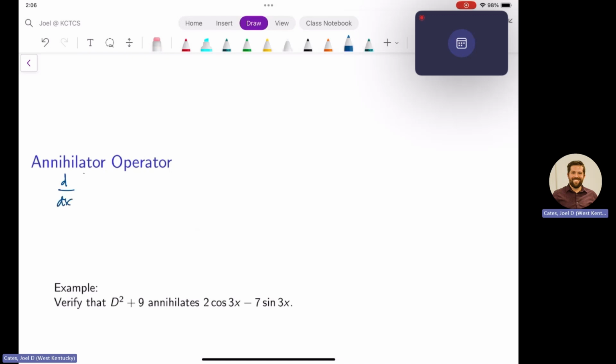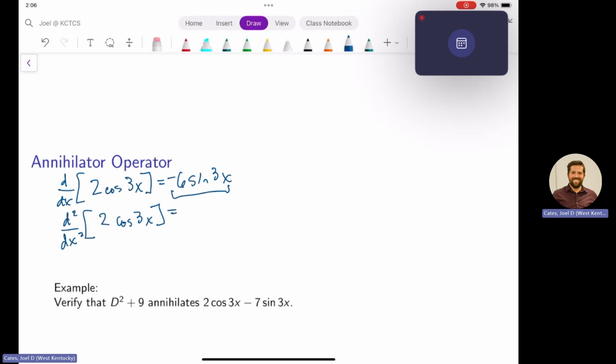First derivative of my 2 cosine of 3x is a negative 6 sine of 3x. That means that my second derivative of 2 cosine of 3x, which is just the derivative of that thing, is going to be a negative 18 cosine of 3x.